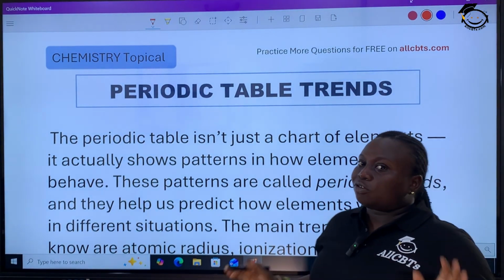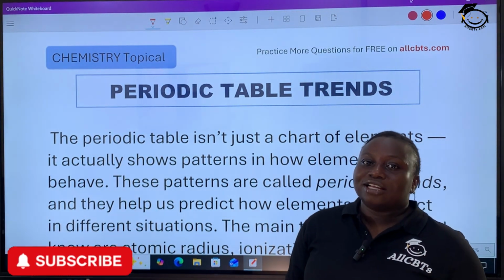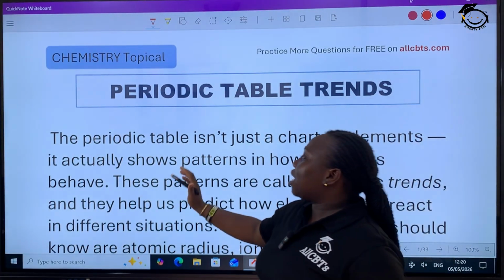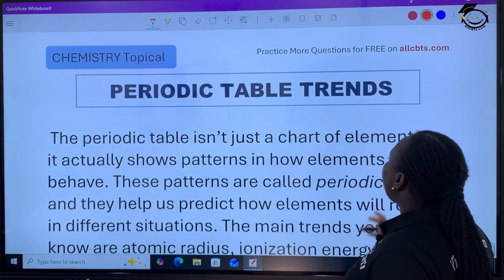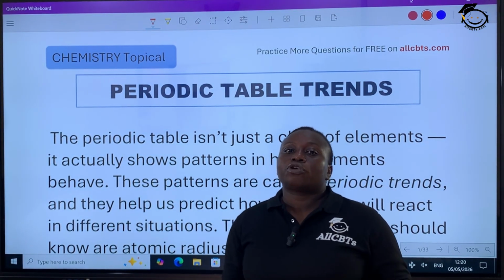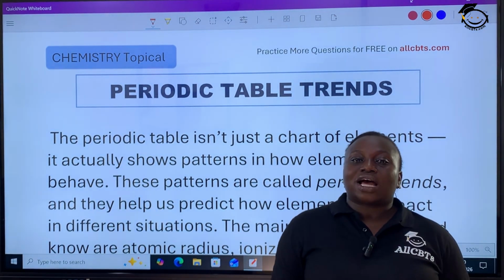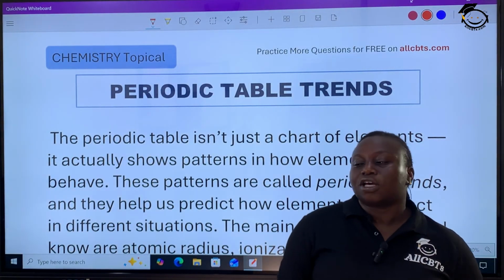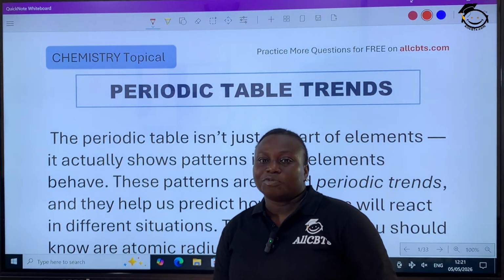Yes, it's not just a chart of elements. There are some things that are there that you must know. It actually shows patterns in how elements behave. This periodic table will show you that these particular elements that have this color behave a certain way, and these other ones behave another way.